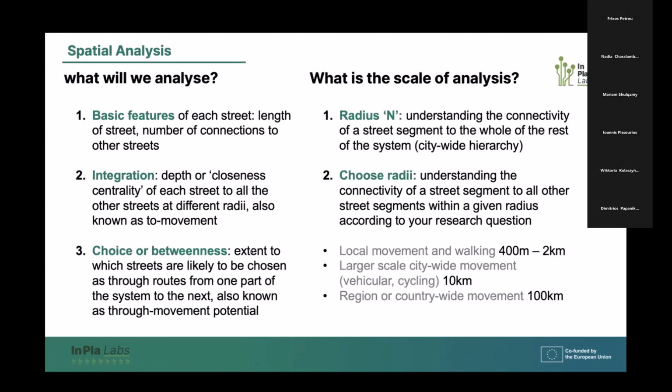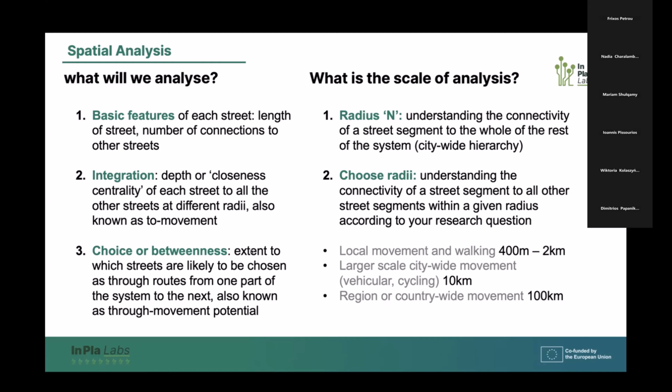So now, the space syntax analysis. Before using the tool, you need to understand what we will analyze. We are analyzing the basic features of each street, the length of the street and the number of connections to other streets. And as you previously heard, there are two main key measures. The first one is integration, also referred to as the centrality of each street to all other streets in the system.